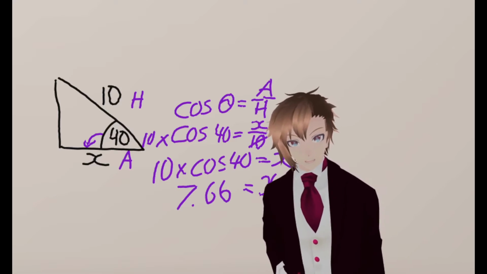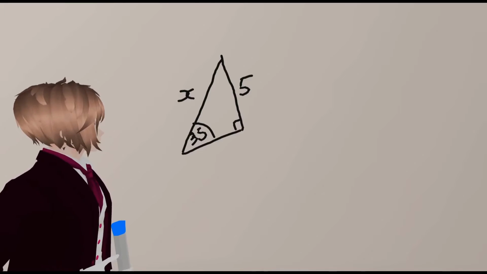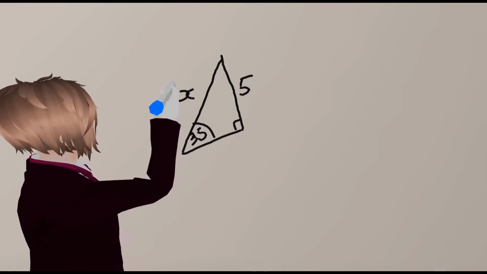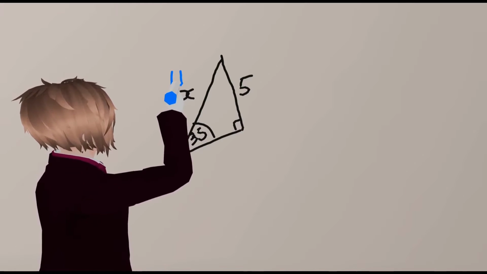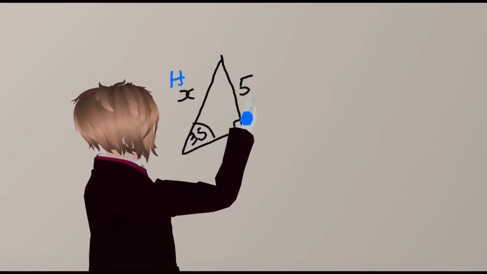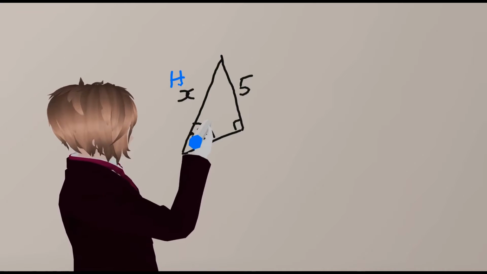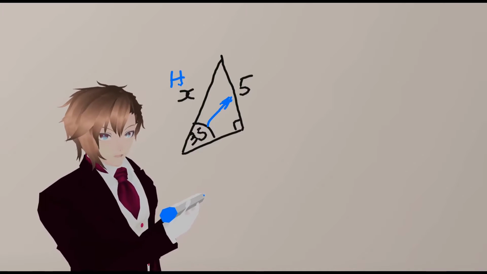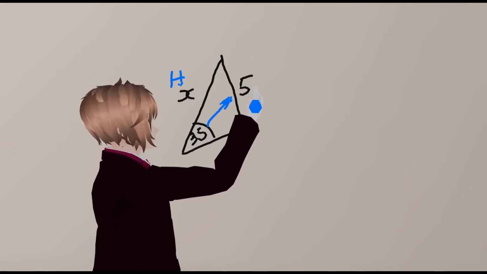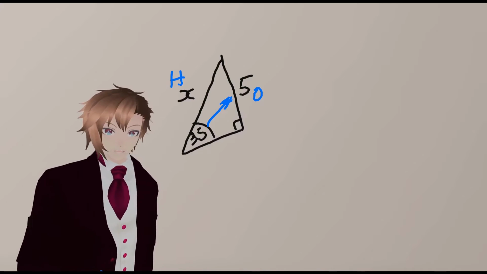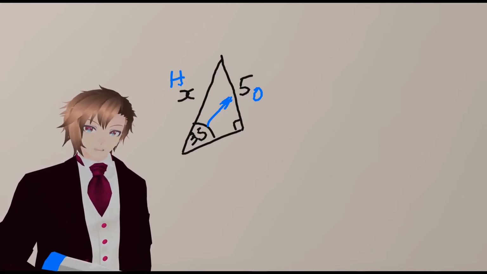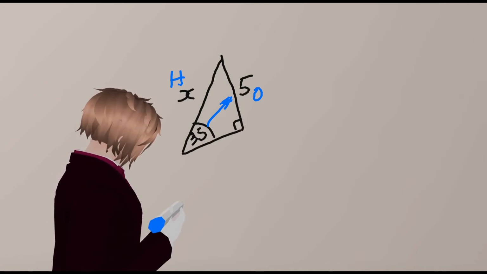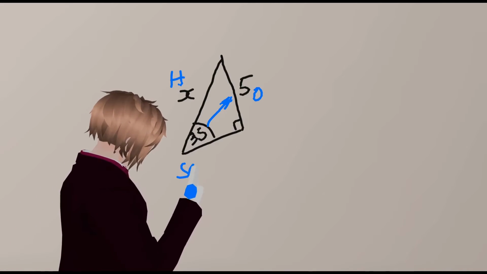Let's look at another example. What sides of my triangle do I have here? Well, I have my hypotenuse, and what side is this one? Well, this side is opposite my angle, so this is my opposite. Now, which trig ratio uses the hypotenuse and the opposite? Well, let's quickly write out our saying here.